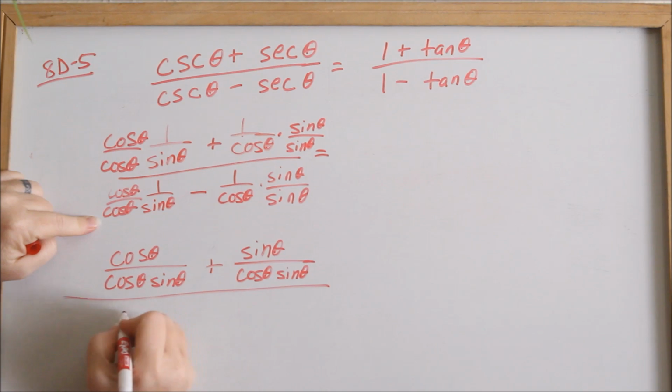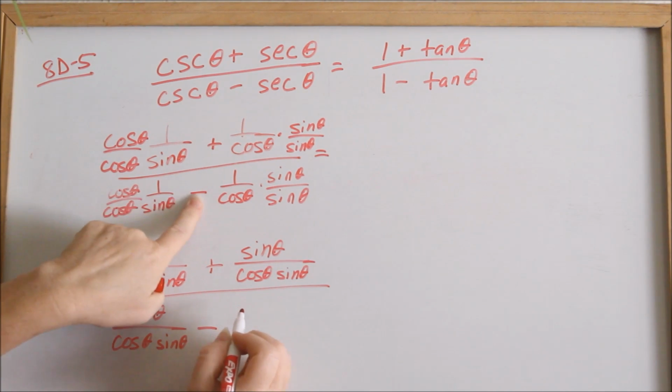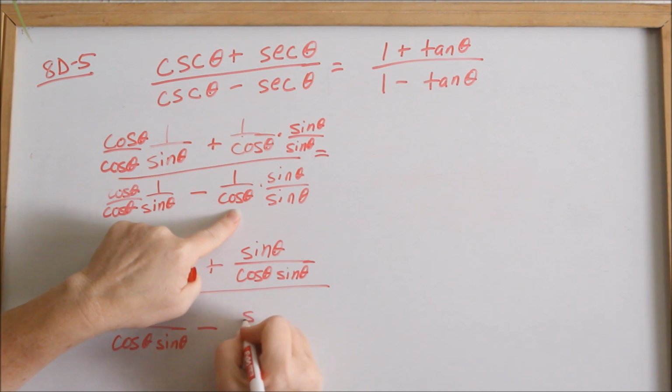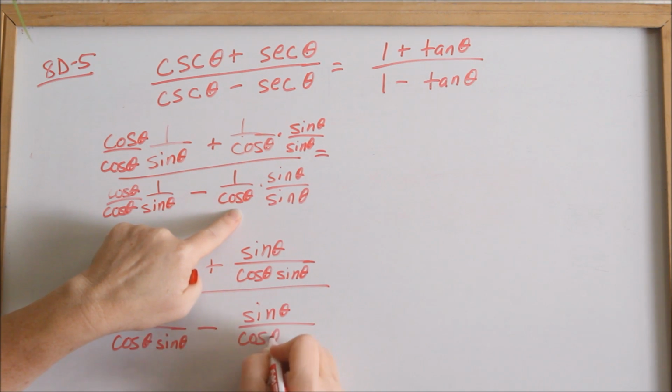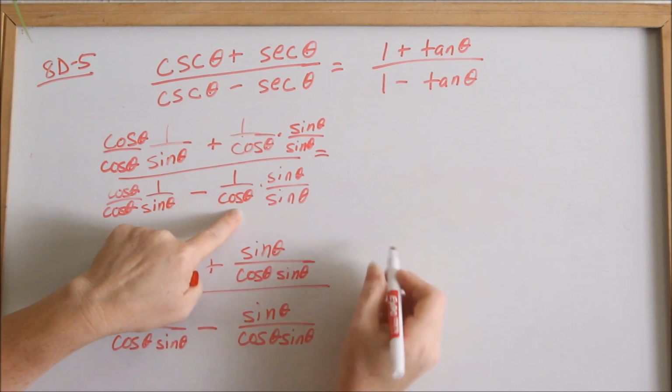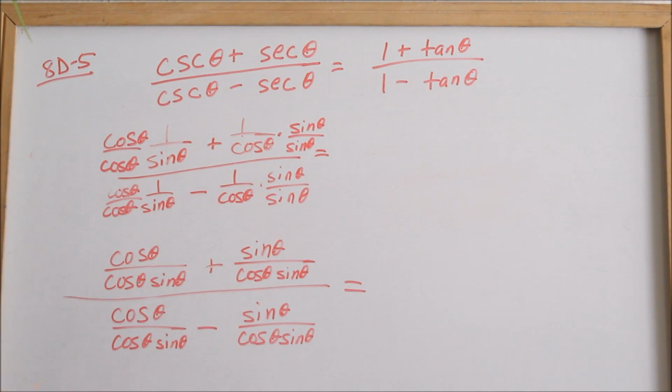So this new fraction will now be cosine theta all over cosine theta sine theta, minus, now this new fraction, sine theta over cosine theta sine theta. Okay, I haven't changed anything on the right hand side.